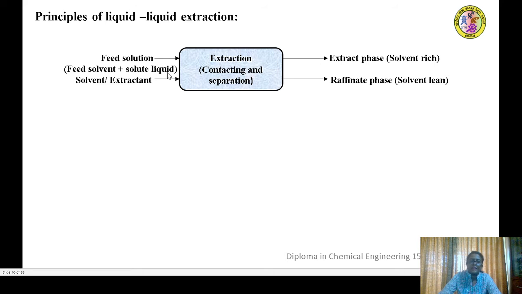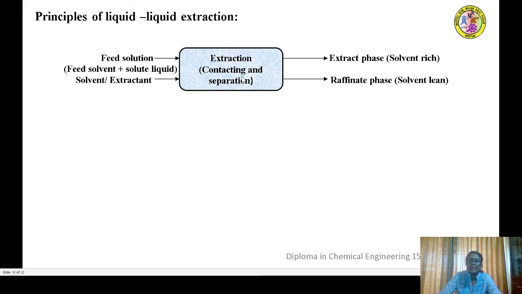We are using the term liquid here because whichever component is undergoing the mass transfer operation is also a liquid component. Okay, so these two phases enter the operation, and inside the equipment they are thoroughly contacted so that the components get distributed between the phases.